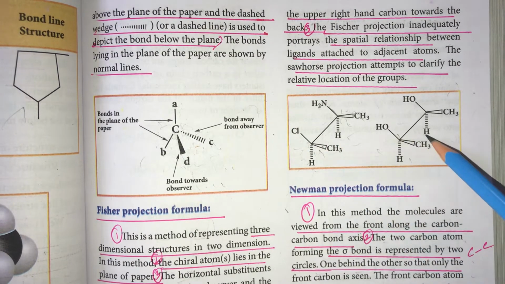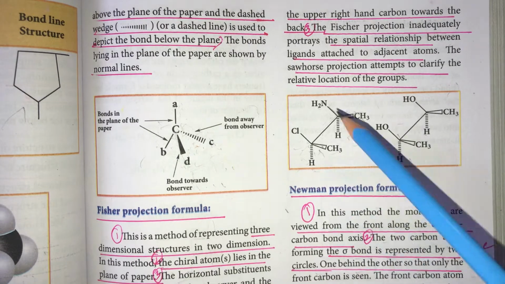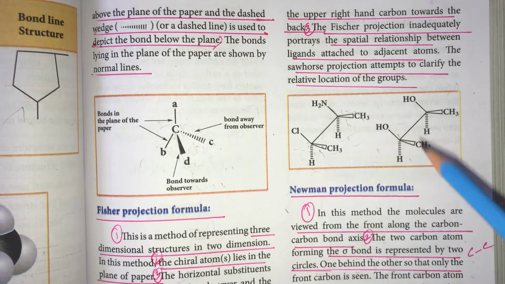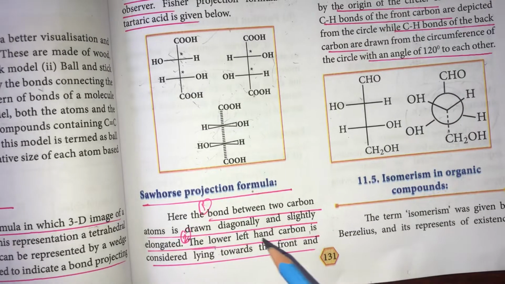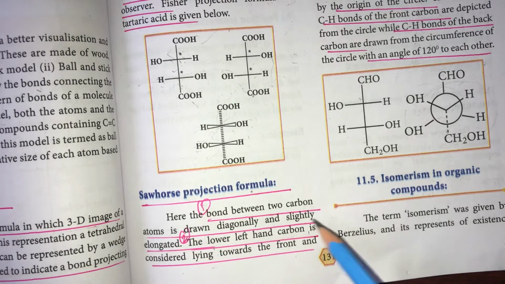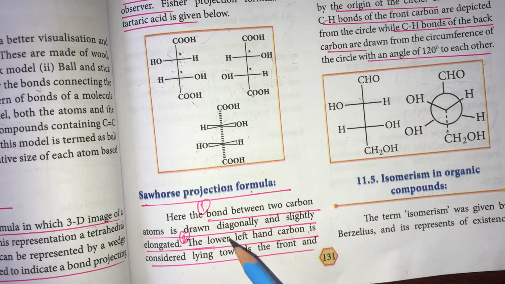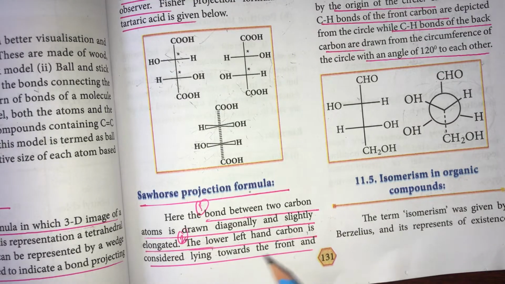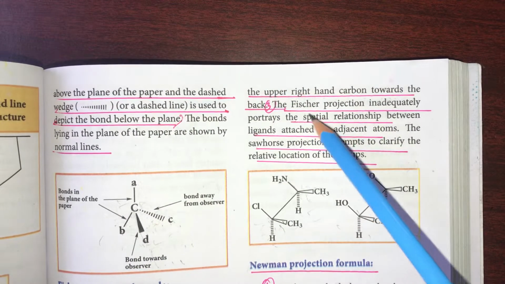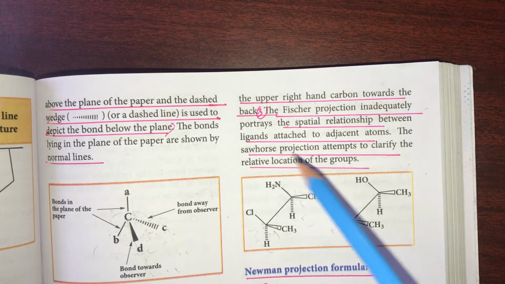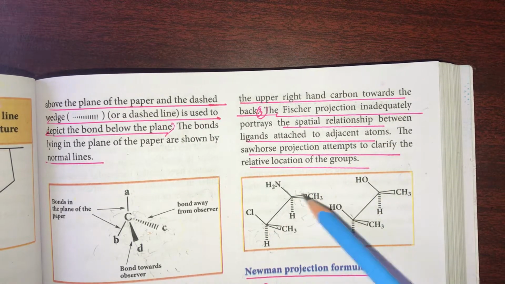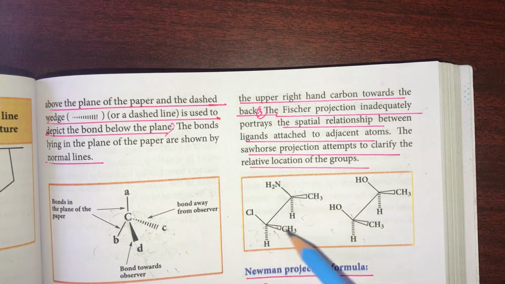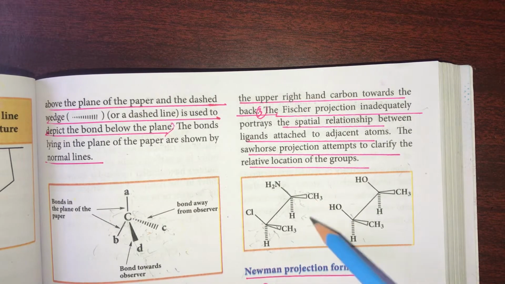The Sawhorse projection attempts to clarify the relative location of the groups. So in the Sawhorse projection formula, the bond between two carbon atoms is diagonally and slightly elongated, the lower end lies towards the front and the upper end towards the back. It portrays the spatial relationship between the ligands attached to adjacent atoms.